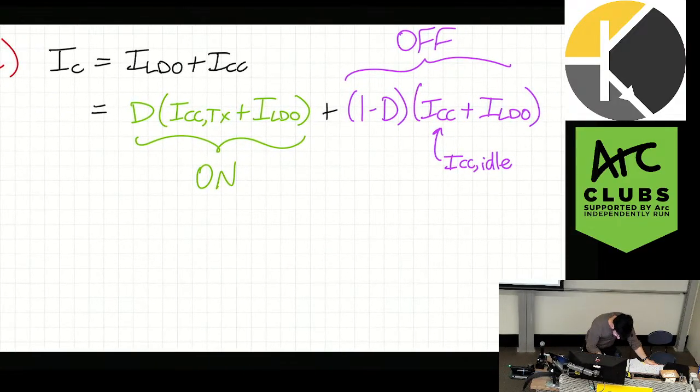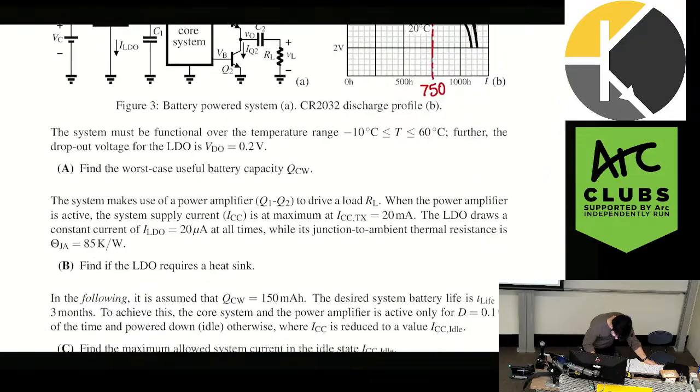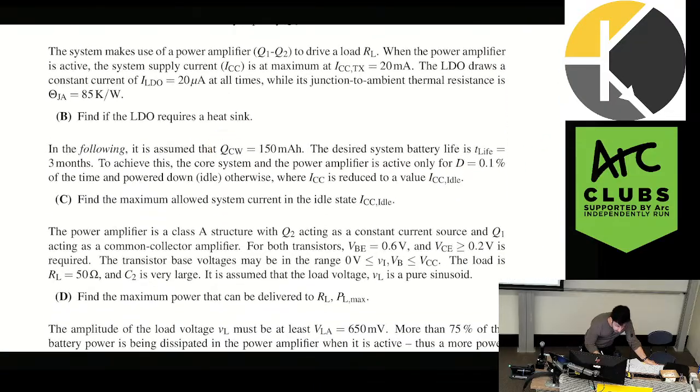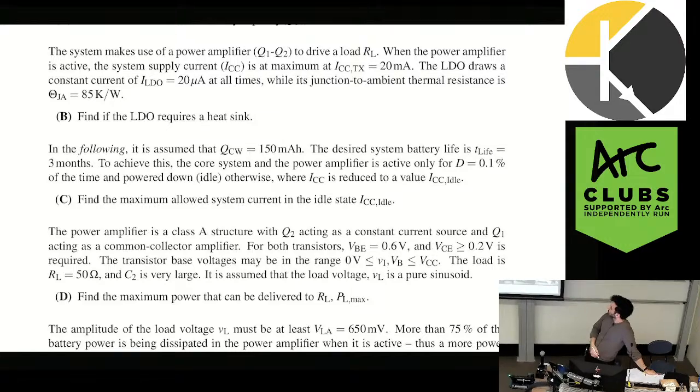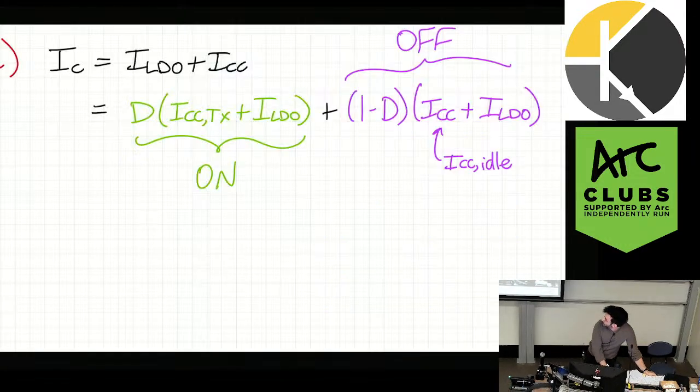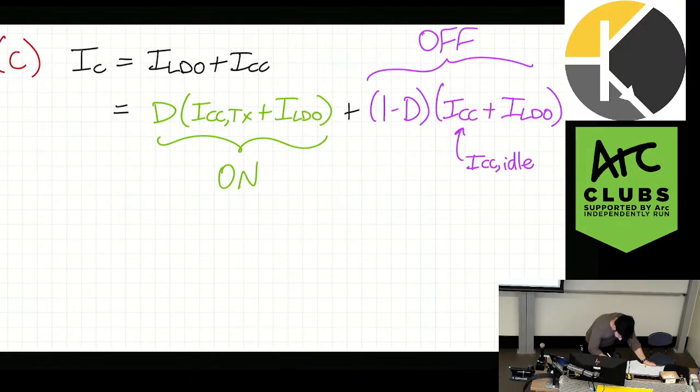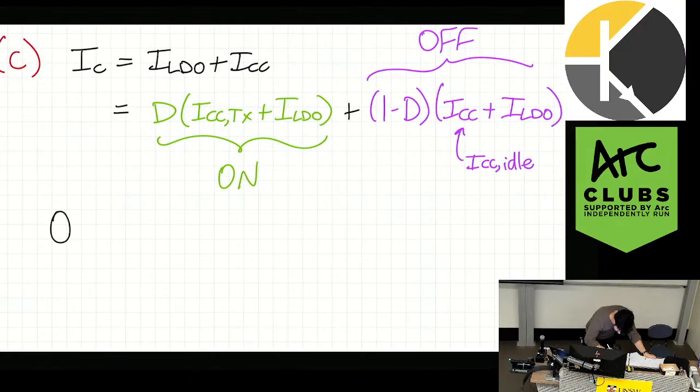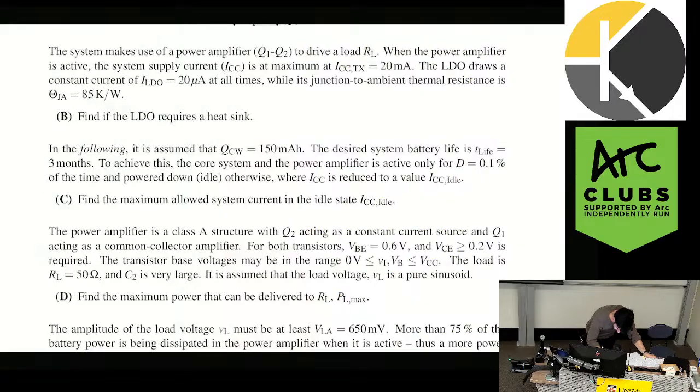Then what we are given, so remember there's a battery, so it is assumed that we have a certain battery capacity, and so that's going to limit how much current we can have, because Q equals IC times T, and we're also told its lifetime is 3 months.